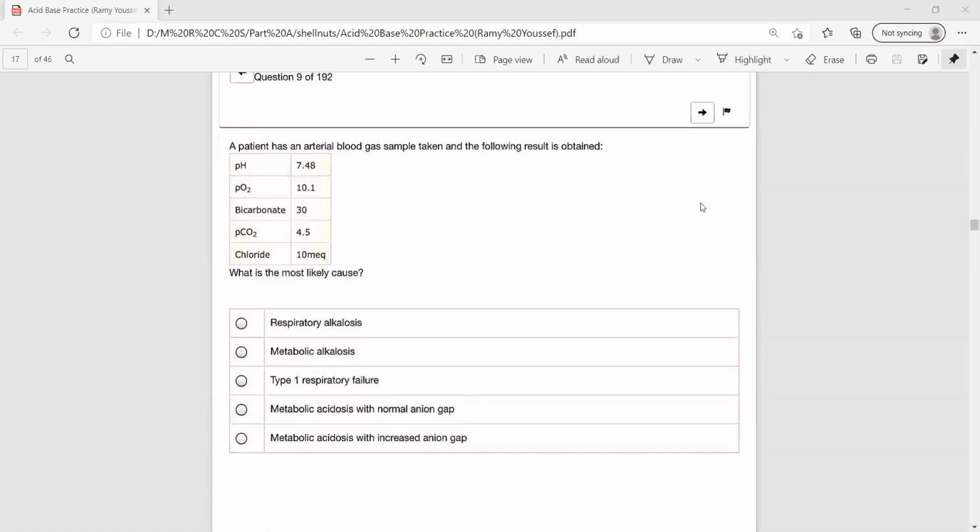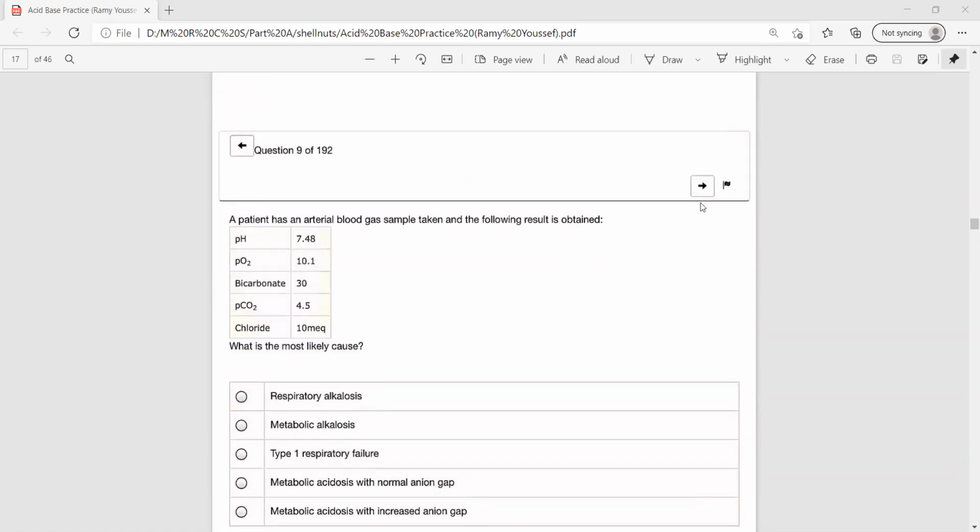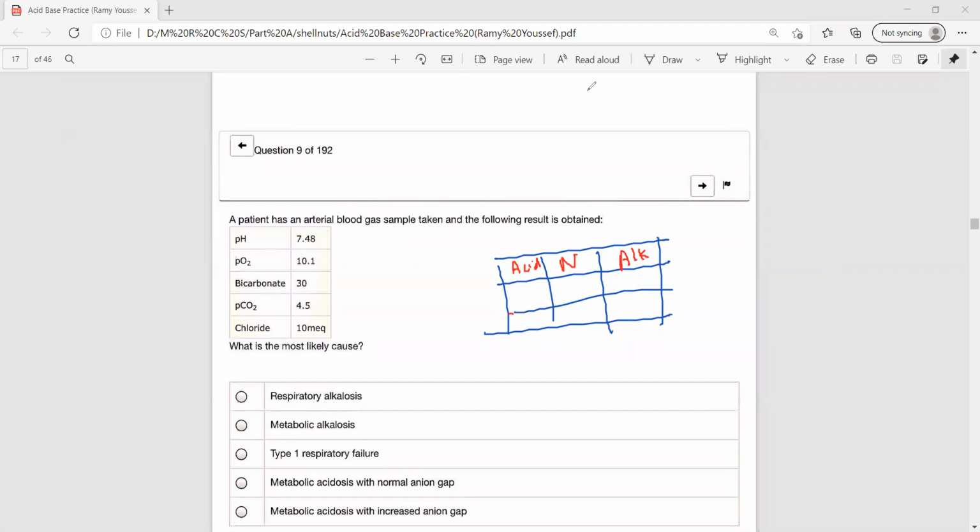So we've got pH, which is 7.48. That's on the alkalotic side. Our PCO2 is at the upper end of normal. Okay, this is acid, this is normal, this is alkali. So pH is alkalotic. PCO2 is normal.